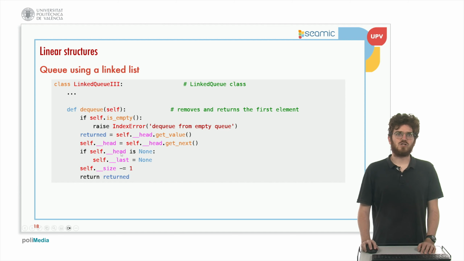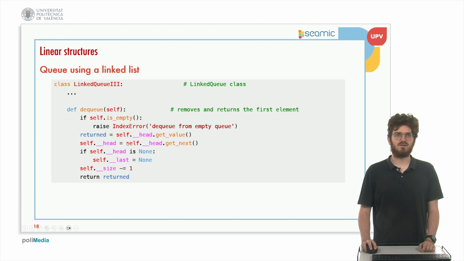The dequeue operation is similar, as we edit just the head, removing from the beginning of the queue. We first check whether it's empty, and then we store the value of the current head in a variable such that we can return it later. Then we remove the first element in the queue, as is customary.